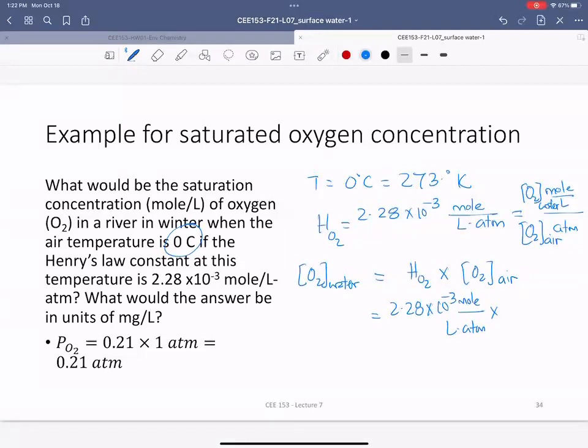What is the concentration of oxygen in air? You know that 21% of the atmosphere is oxygen. So 21% of the entire atmospheric pressure is caused by oxygen. So the partial pressure is 0.21 atm.